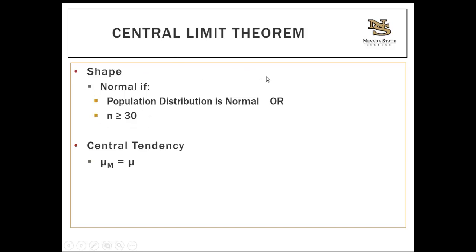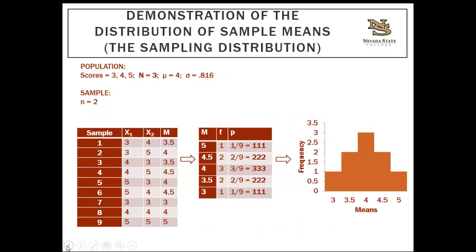And just think about how important it is to have a normal shape, right? Because we're probably not going to have access to all the raw data from the population and then construct all of these crazy sample means to figure out probabilities of any mean, like we did here, right? This is unrealistic when you have large populations and large samples.